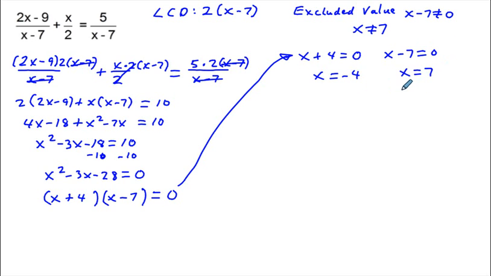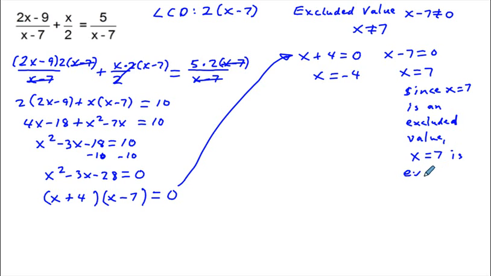Okay, now for x equals 7, since x equals 7 is an excluded value, we say x equals 7 is what we call an extraneous solution.